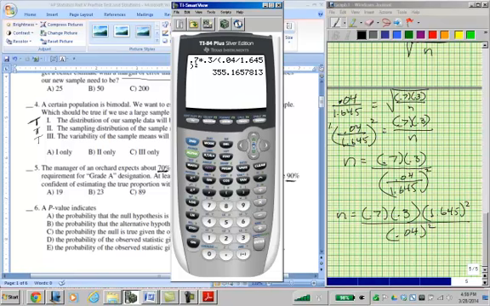Now I'm going to round up, so n is approximately equal to 356.